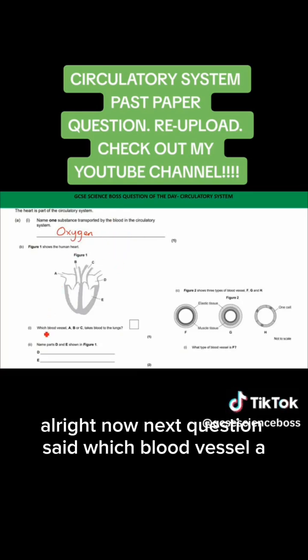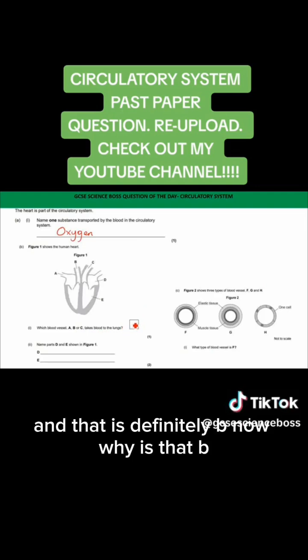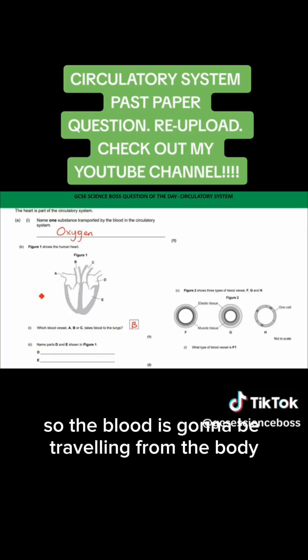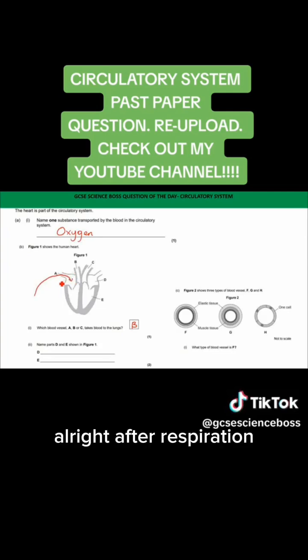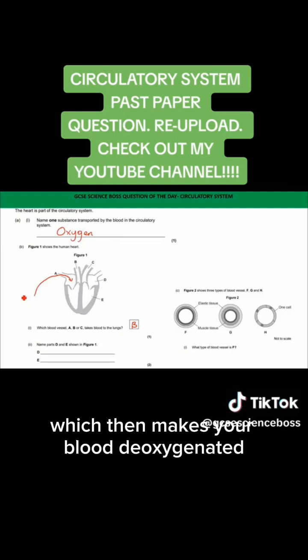Now the next question says which blood vessel, A, B, or C, takes blood to the lungs? And that is definitely B. Now, why is that B? We're going to track the journey of the blood. The blood is going to be traveling from the body. After respiration, you have carbon dioxide, which is released as a part of respiration, which makes your blood deoxygenated.